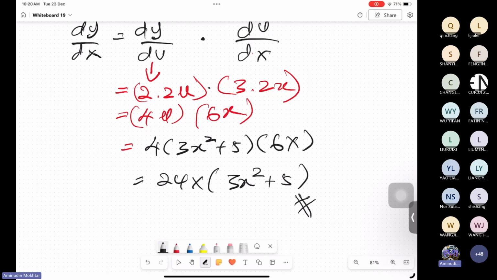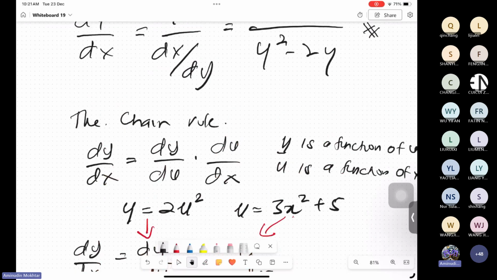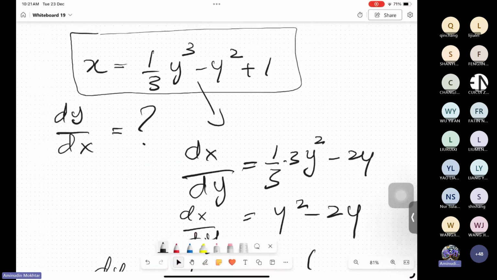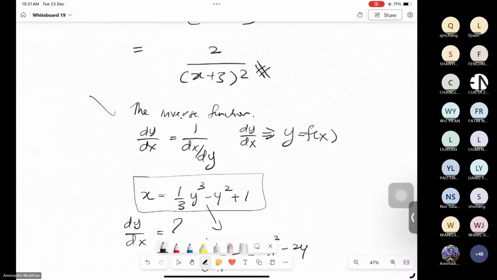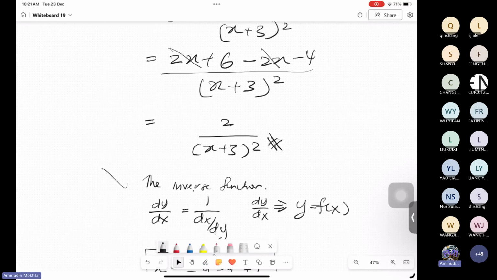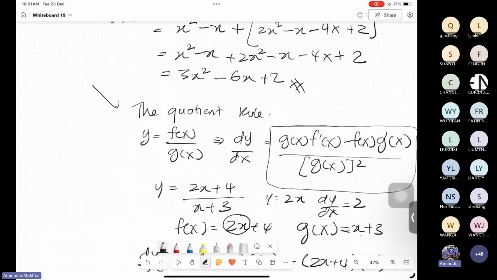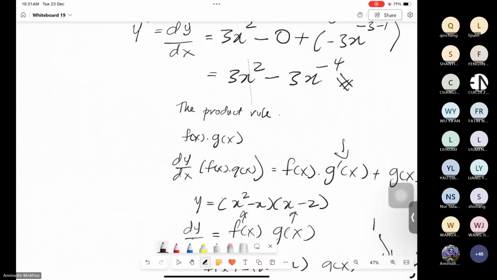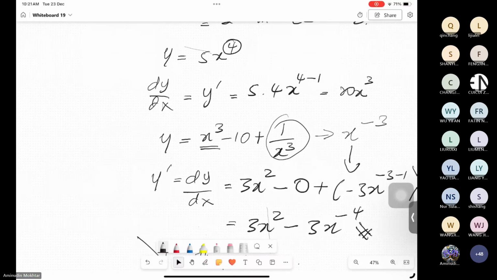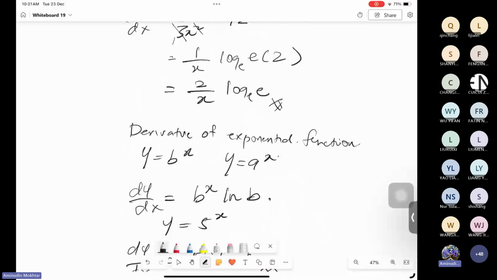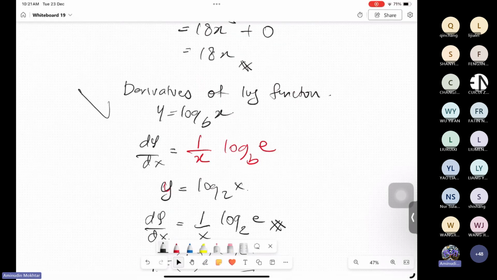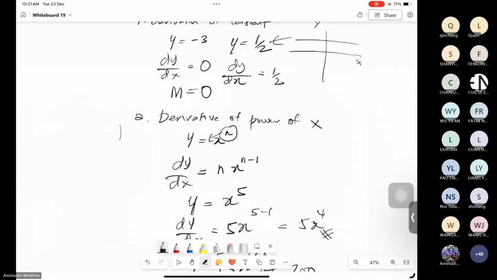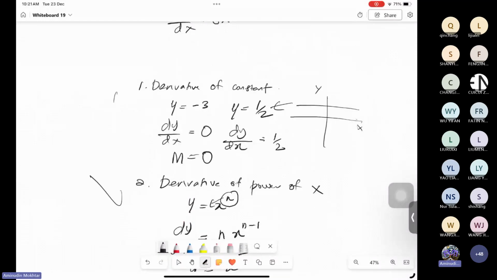Let me list them again. We have the chain rule, the inverse function, the quotient rule, the product rule, and then the exponential, log, derivative of power of x, and derivative of a constant.